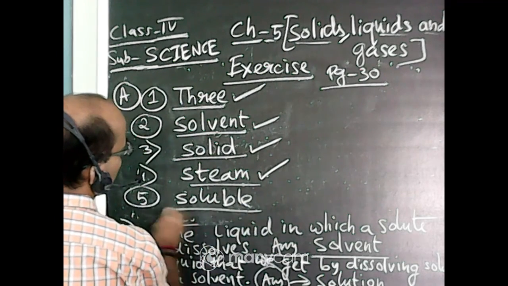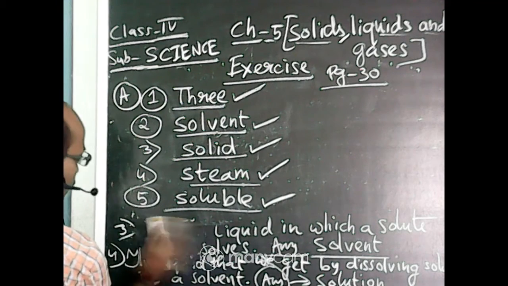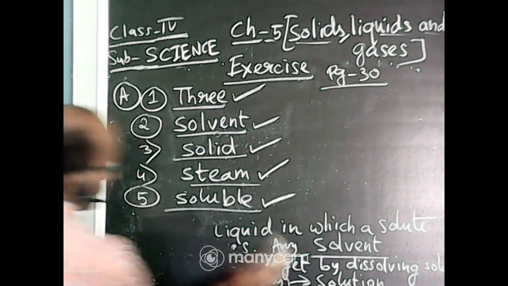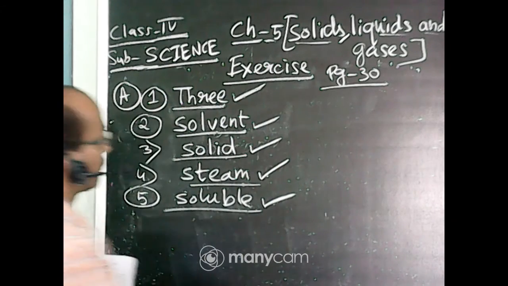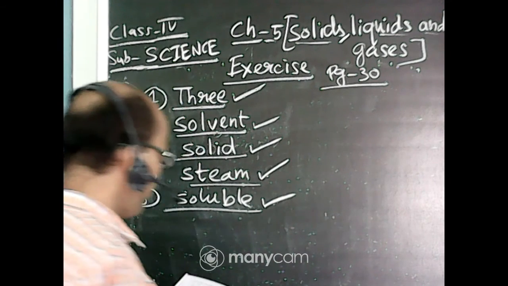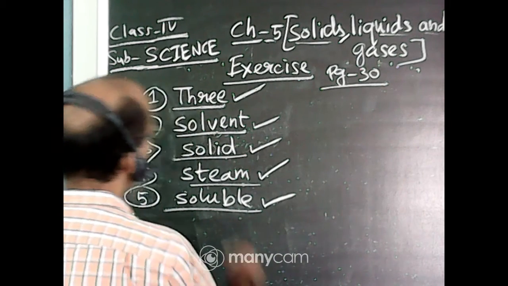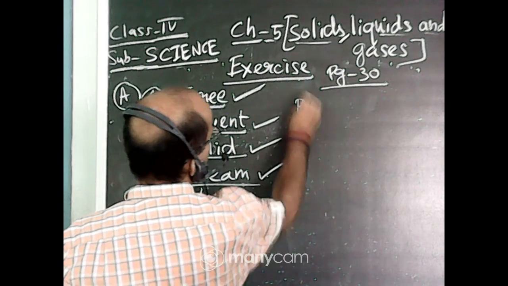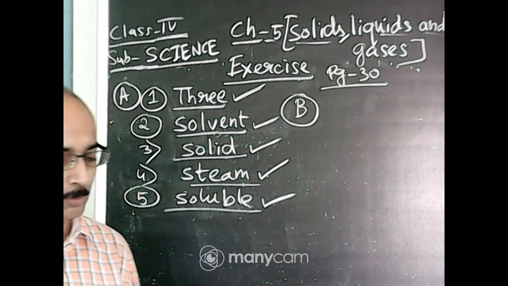Okay. Now I will rub this one, number 3 and 4. So number A we have completed. So I will do number B. Then we will end the class. Number B, I am doing it here. Can you all see the board?